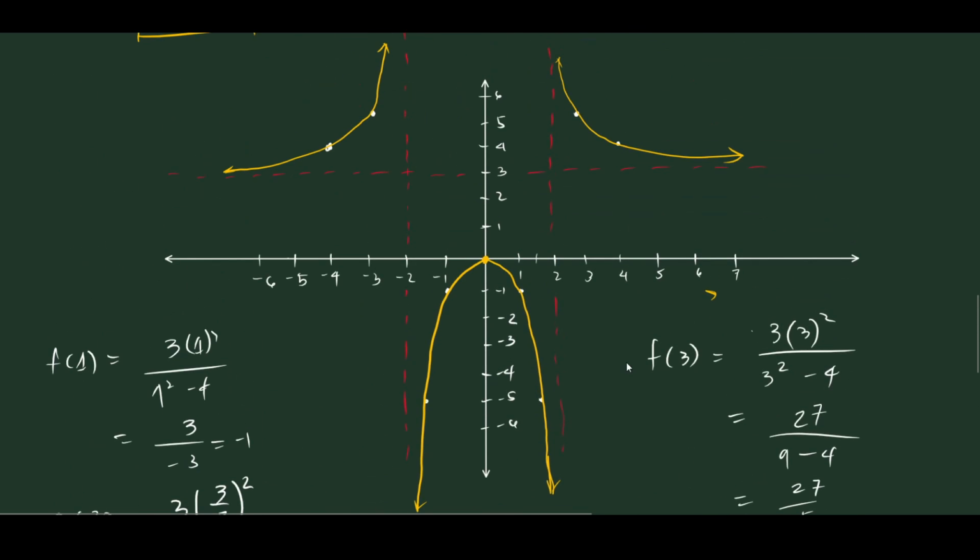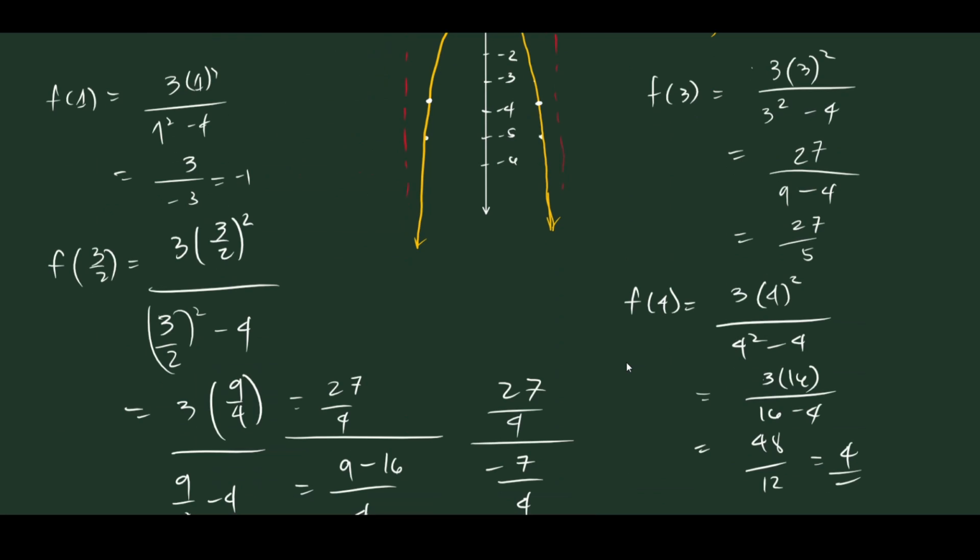So not near 4, but about negative 3 something. Okay, so we got it mostly right. The point is right here. So it's still cool.